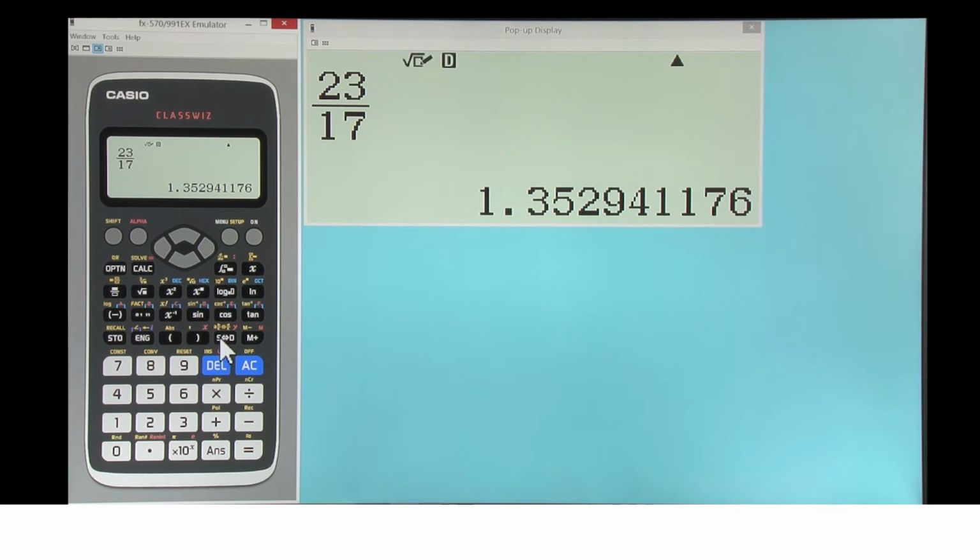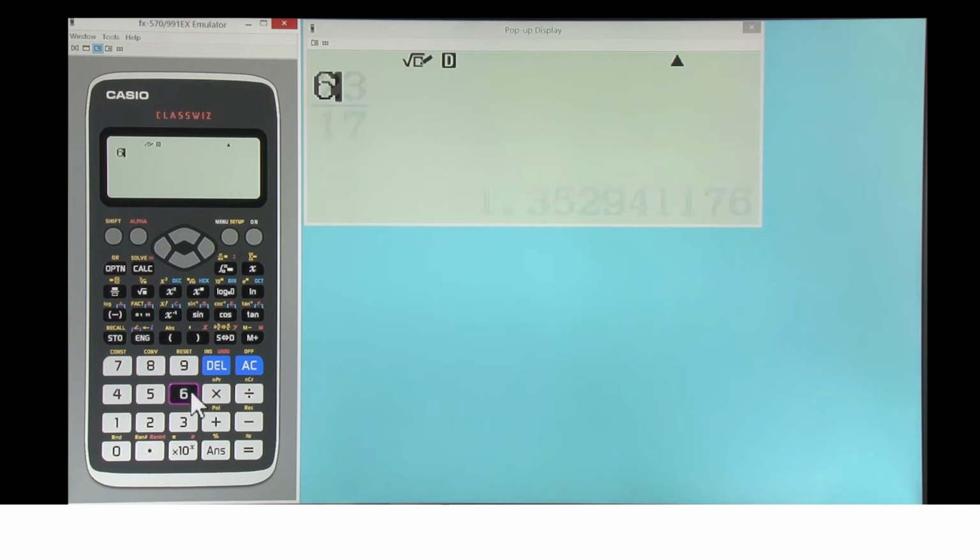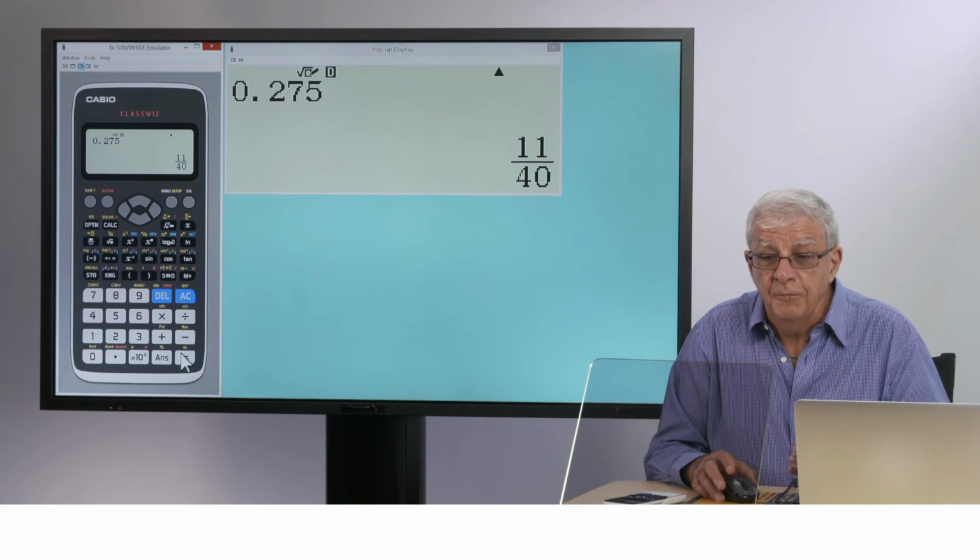And some decimals can be represented as fractions, like 0.65 can be represented as a fraction, and the ClassWiz does that automatically. 0.275, it will automatically produce the result 11/40.